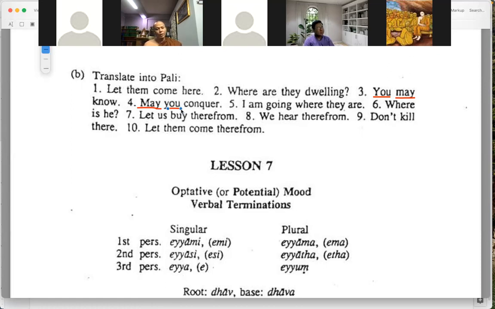Proper termination also we got: hi, tha. Subjects tvam or tumhe. Tvam singular, that is why hi. Tumhe plural, that is why tha. But based on conquer, we get the base jina. So tvam jina hi. But jina is also ending in a, so it has two forms: tvam jina, or tvam jinahi. For plural, tumhe jinatha.